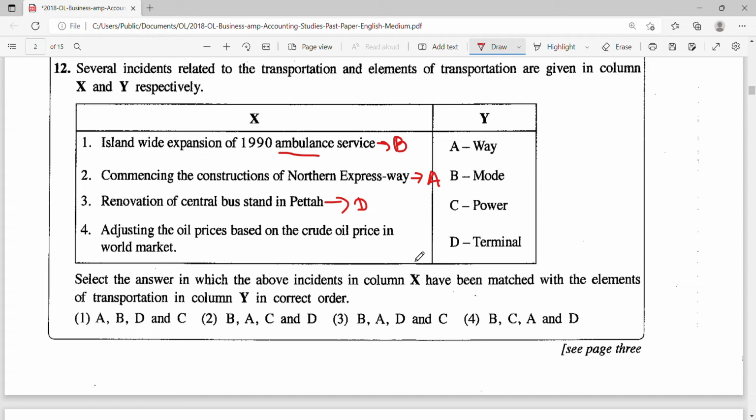Here they are talking about crude oil, which is the raw material in which you find fuel. So they are talking about a way to give power to the mode or the medium, to the vehicle in which you will travel. So for incident 4, the correct element is C, power. Let's see whether you could get this order in the answers: B, A, D, C. So the correct answer is answer 3.